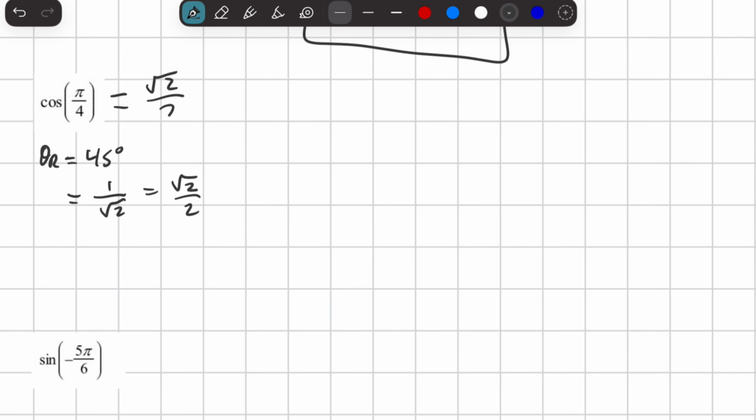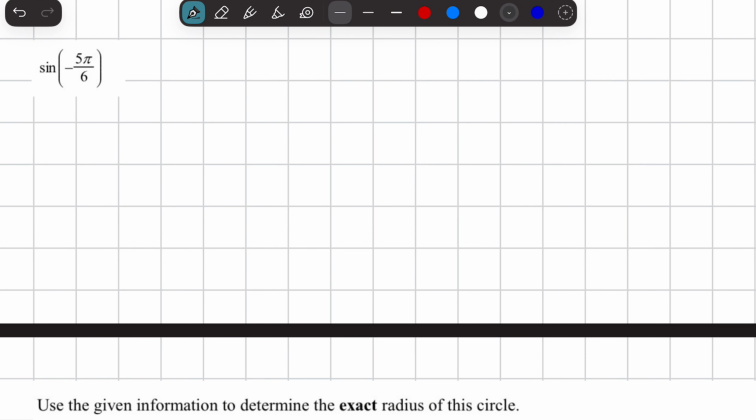Next one, we have a negative radian here. For negative radians, it's very similar to normal radians. The only difference is that you have to make sure you know what quadrant you are in. For this one specifically, we have negative 5 pi over 6.